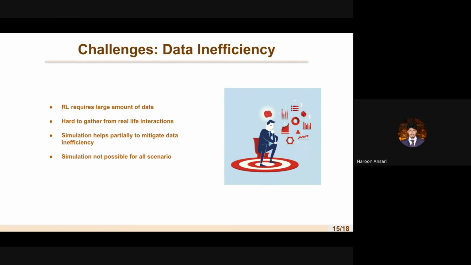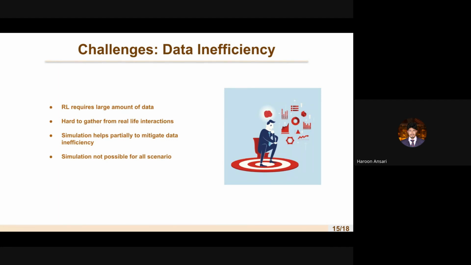In real life scenarios it may happen that each interaction takes 1 or 2 minutes. So gathering 1 million interactions is like 1 million seconds, that is some years, I would say. That's why it's a challenging problem for RL. For cases where the interactions are slow, RL is not very practically applicable.